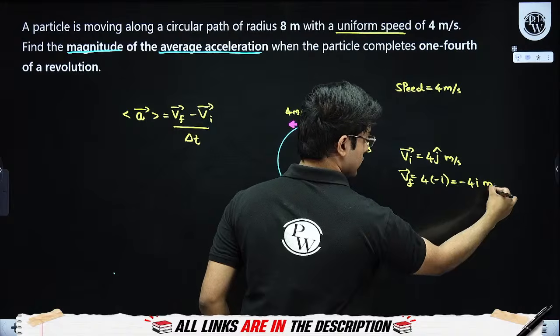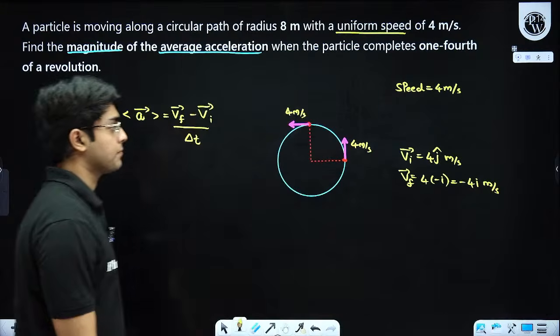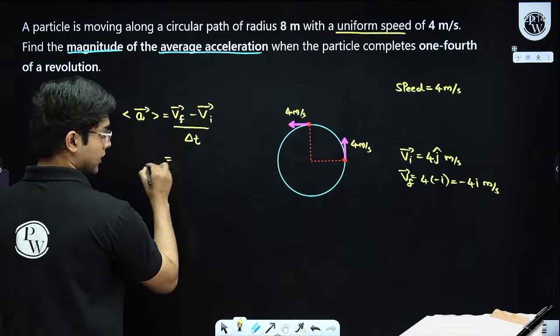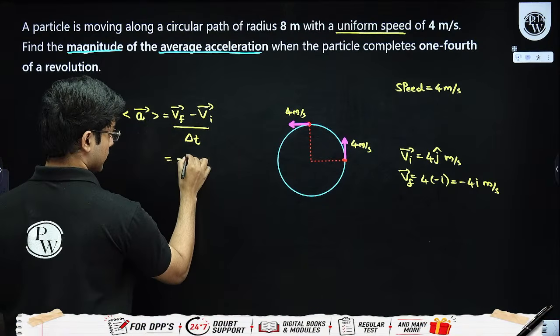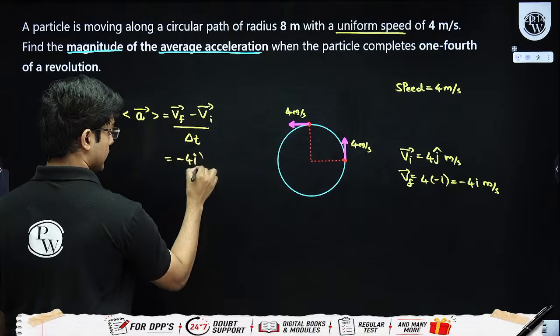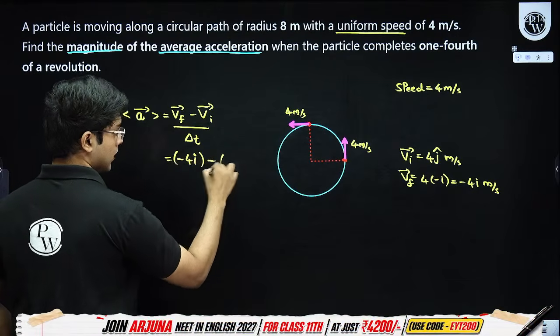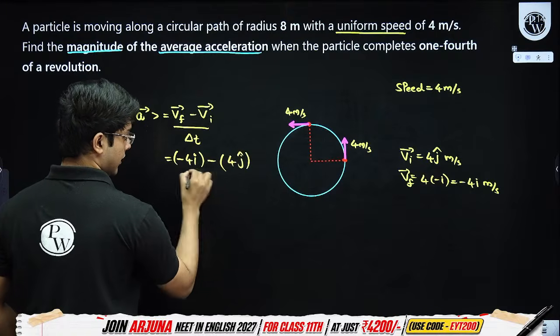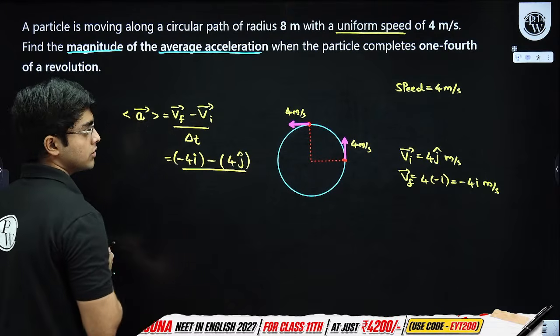This is the final velocity, this is the initial velocity. Now just put everything into the formula. Final velocity is minus 4i, minus initial velocity 4j, divided by the time duration.